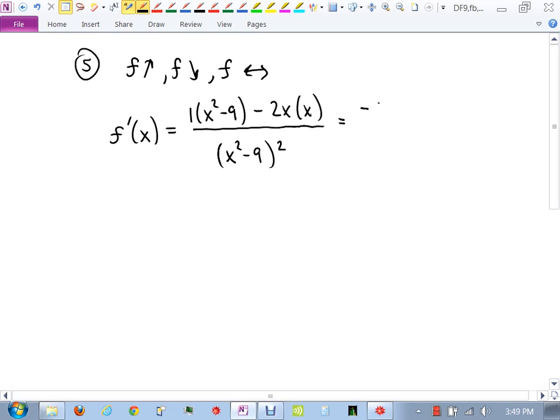Is that negative x squared minus 9 over x squared minus 9 squared? Do y'all agree with that? Yeah. Can't simplify that, right? Can't cancel the x squared minus 9 because they're both negative, unfortunately.